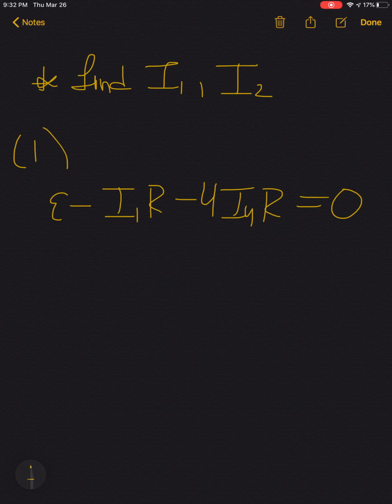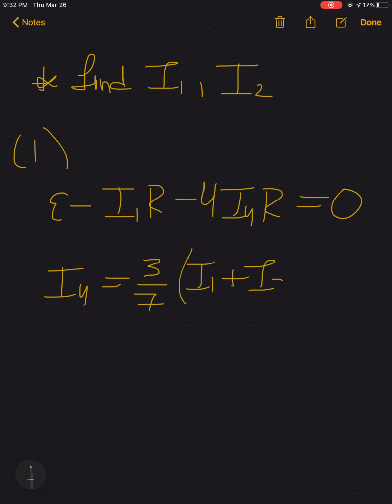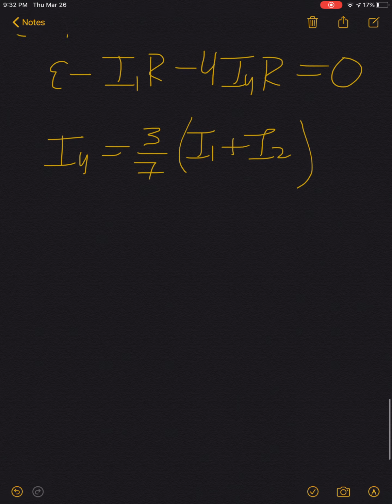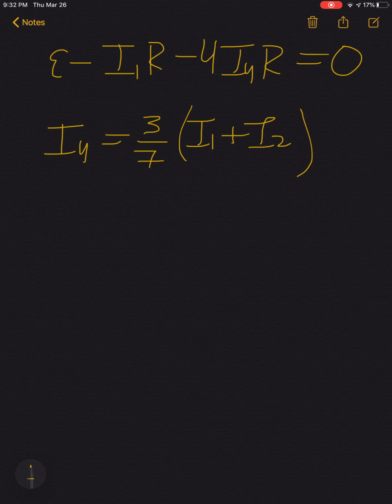So let's rewrite this using the fact that I4 is equal to 3/7 (I1 plus I2). So we're going to plug that in there. Okay, that's certainly going to make things a little bit more tedious.